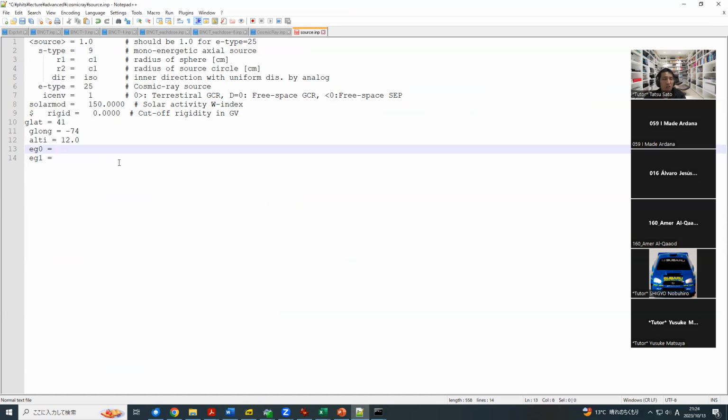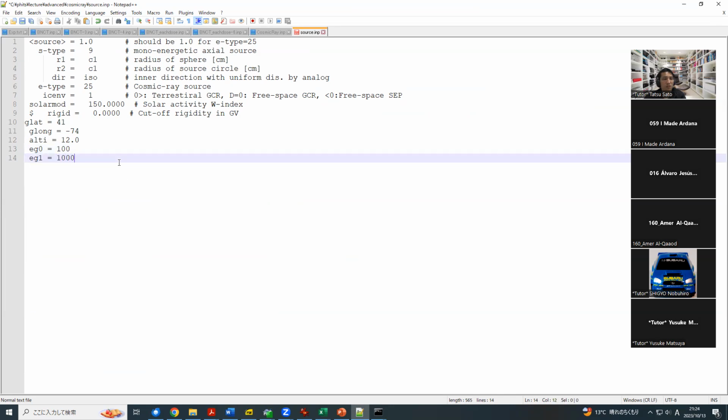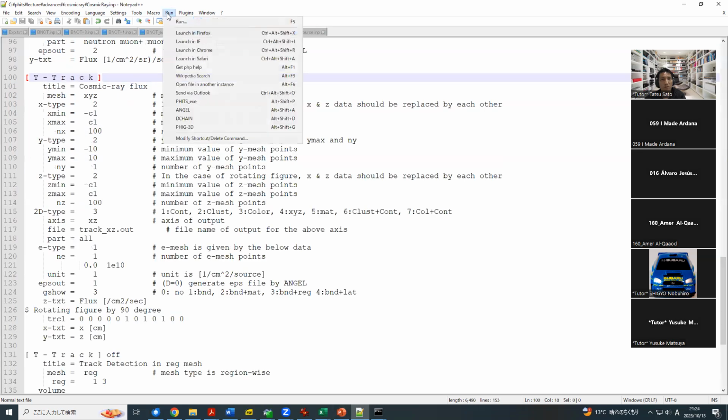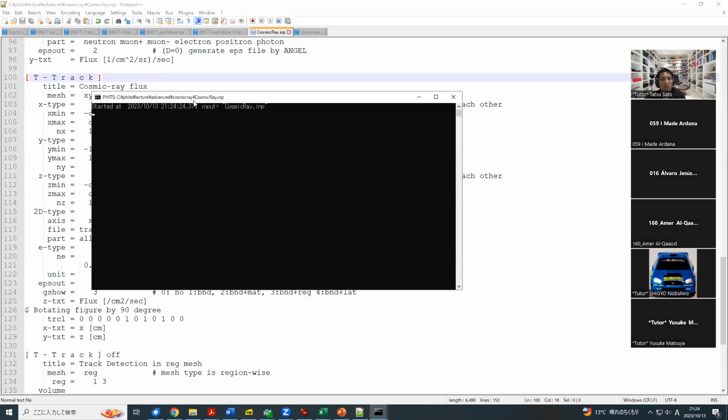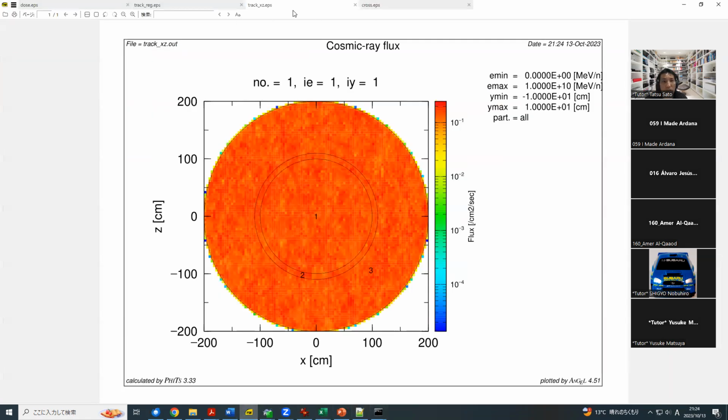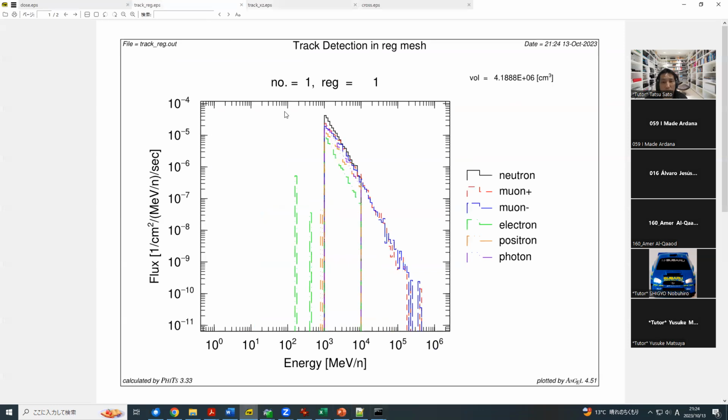Let's try maybe 100,000. Yeah, so we generate only high energy particles now.